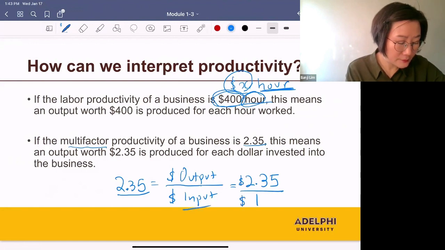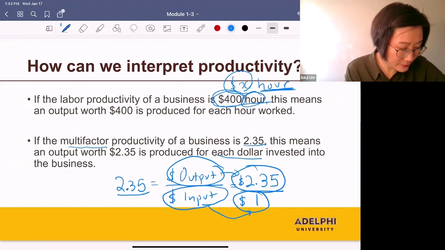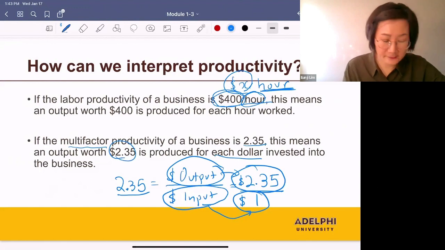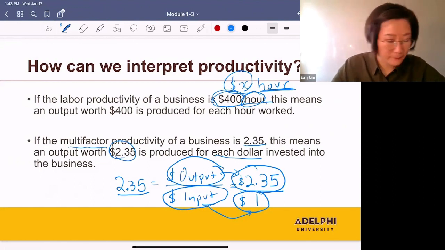So in other words, if this business uses $1 as the input resource, then it produces an output that's worth $2.35. So for each dollar that's invested into the business, they produce $2.35. That's how we interpret the multi-factor productivity.